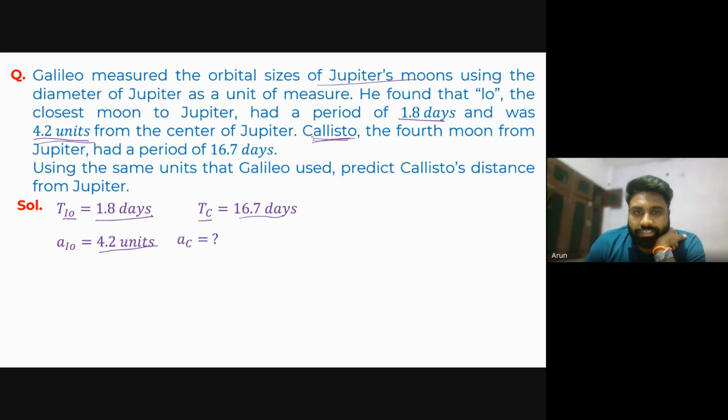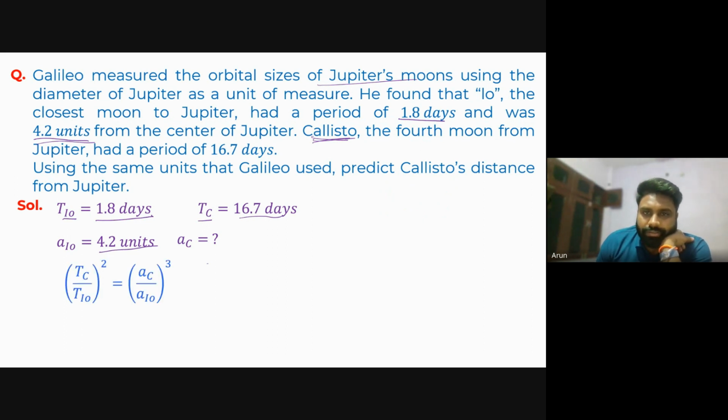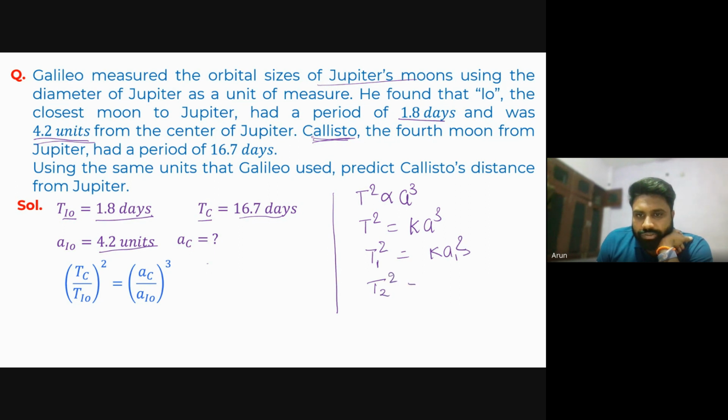Now, the distance of Callisto from Jupiter has been asked. T square is directly proportional to A cube, so T square equals some constant into A cube. For Io, I am taking T1, so T1 square is equal to K A1 cube. And for Callisto, I am taking T2, so T2 square is equal to K A2 cube.